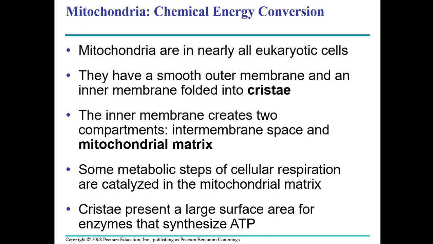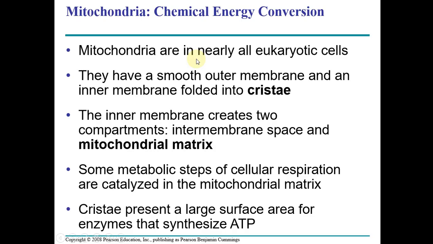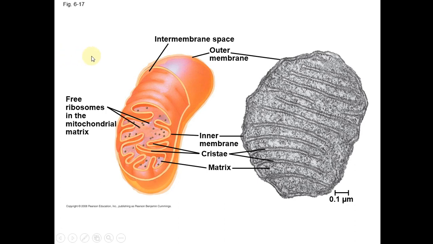Okay, so meron tayong intermembrane space and mitochondrial matrix. Okay, so makikita natin yan in a picture. Okay, so kung makikita nyo, ito yung inner membrane. Okay, so intermembrane space and mitochondrial matrix.